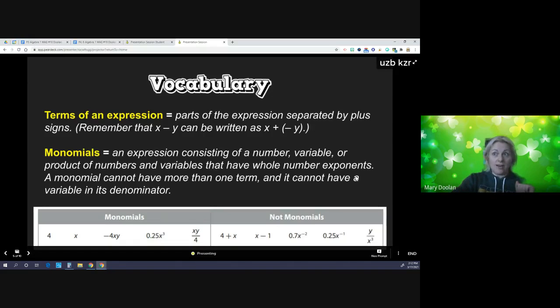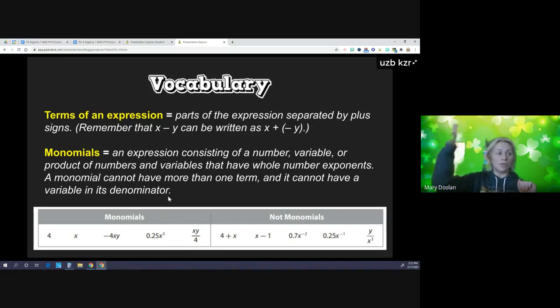Also, we cannot have a variable in the denominator. That's not allowed. This kind of goes with having whole number exponents. If you remember the rules for negative exponents and how they change depending on where you move that factor that has the negative exponent, it changes the sign by moving it from either the numerator to the denominator or the denominator to the numerator.